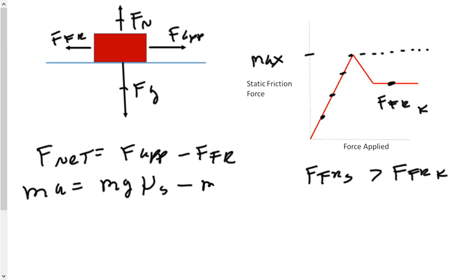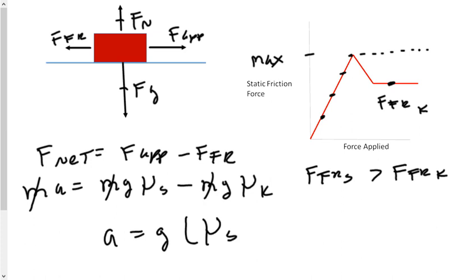So that would be mg mu sub k. And we do notice that the m's would cross off in our expression. And if I factor out a g, the acceleration of this object is going to equal g multiplied by mu static minus mu k. And that's an easy calculation for us to do.